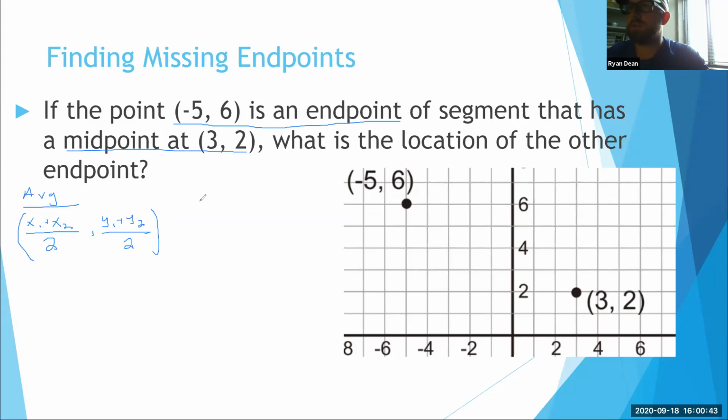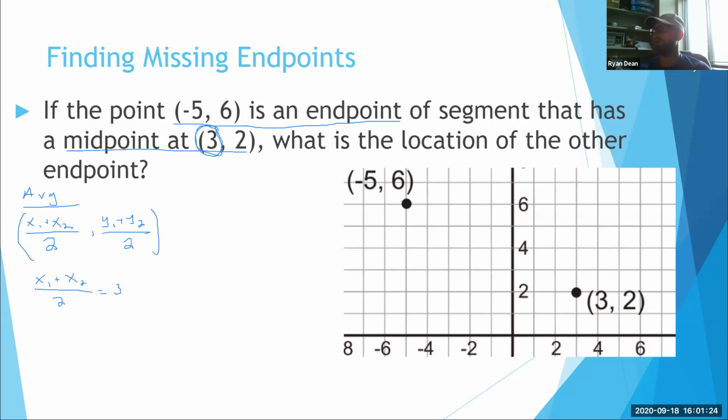Now, when we're trying to find the missing endpoints, we're going to take each individual piece, and what I mean by that is we're going to take the x's and we're going to set it equal to the midpoint of the x value, or the value of x for the midpoint. So the way that this looks is like this. x1 plus x2 divided by 2 is equal to the midpoint, right?